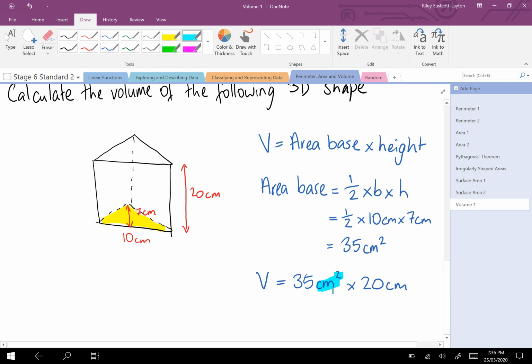Similarly, we've got our centimeters squared, our centimeters over here. So centimeters squared times centimeters, centimeters cubed. Now 35 times 20 is 700 centimeters cubed. Easy.